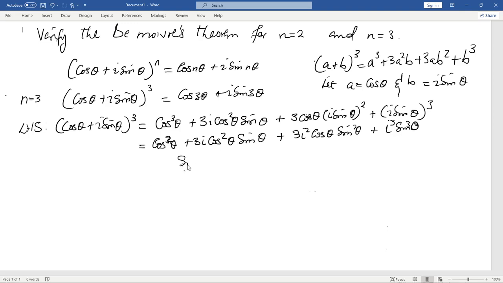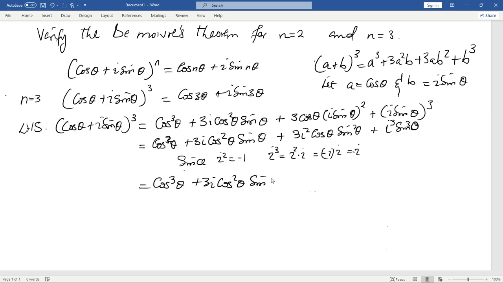So now, since we know that i squared is simply equal to negative 1, and i to the power 3 is the same as i squared multiplied by i, the value of i squared is negative 1. If we multiply negative 1 by i, we're simply going to get negative i. So basically what we have is cos cubed theta plus 3i cos squared theta sin theta.